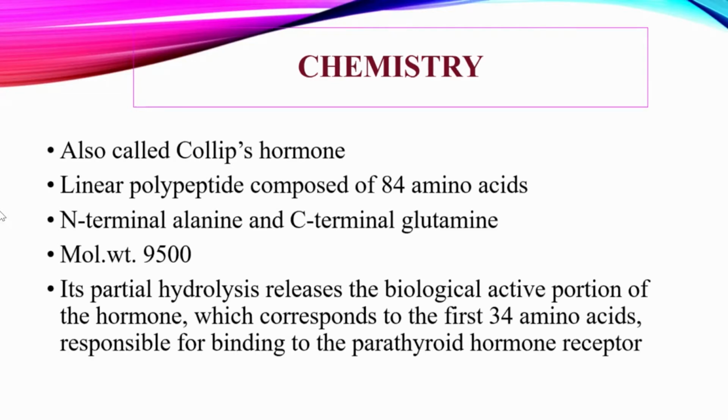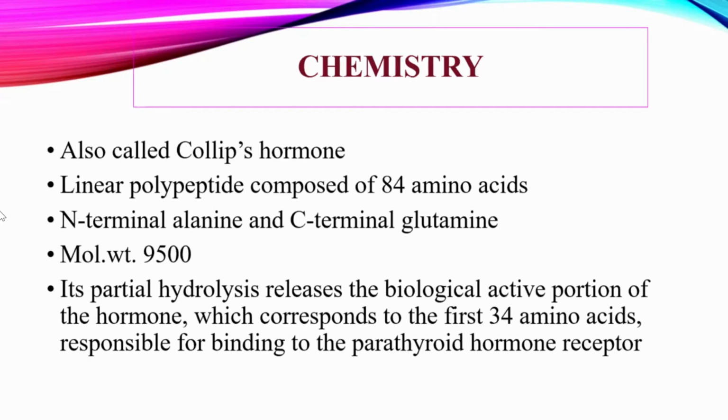This hormone is also called Collip's hormone, and it is a linear polypeptide composed of 84 amino acids with a molecular weight of 9,500 Dalton, that is 9.5 kilodalton. The first 34 amino acid sequence from the N-terminal site is the active form of the hormone.